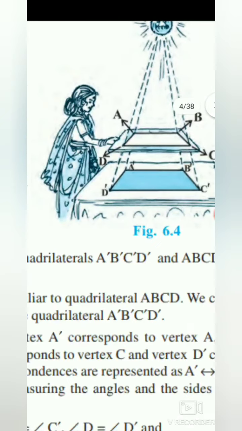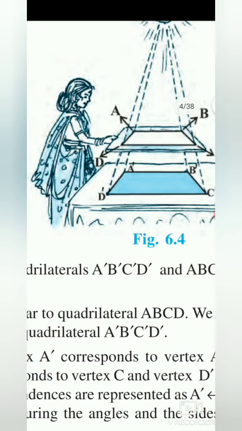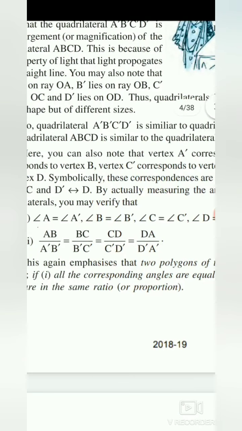Suppose AB is 3 centimeters, but A dash B dash is not 3 centimeters. But what are they trying to say? Their ratio is the same. AB upon A dash B dash is equal to BC upon B dash C dash, is equal to CD upon C dash D dash, and is equal to DA upon D dash A dash.